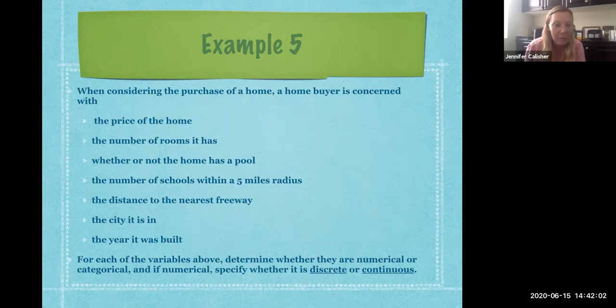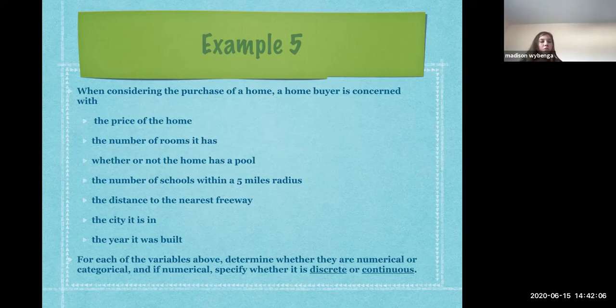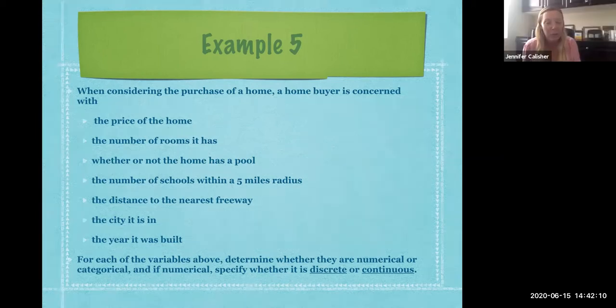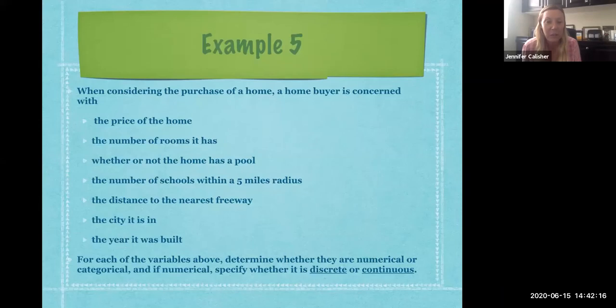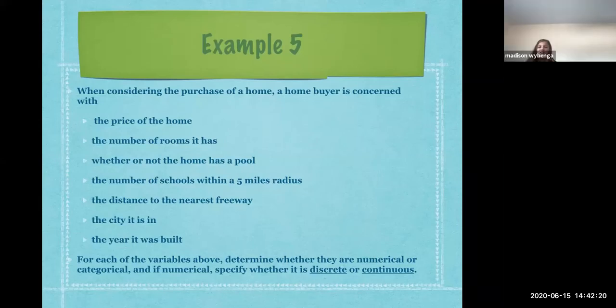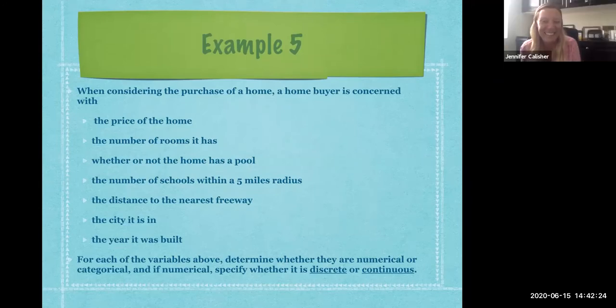Madison, what's the next one say? The number of schools within a 5-mile radius. Okay. And what did you put for that one? I put numerical. Perfect. And then for numerical, which one is it? Discrete or continuous, and why? Discrete. Good.